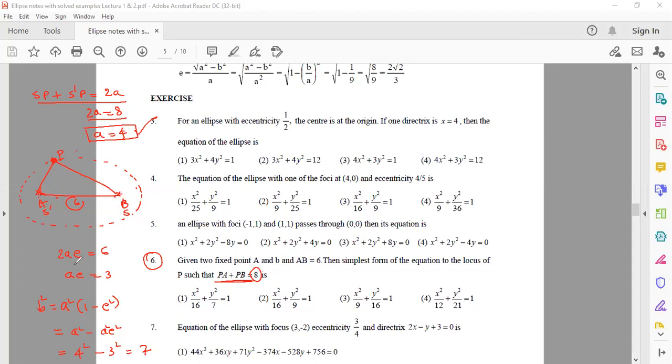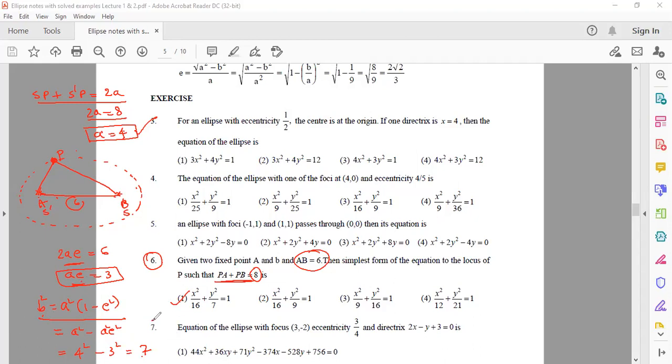The distance between the foci is 2ae, and that is given to be 6. So 2ae is 6. You get ae from it. So you know a and ae, and b can be calculated using the formula, and that's how you get this answer. So the answer became 1. So one definition of ellipse I have utilized.